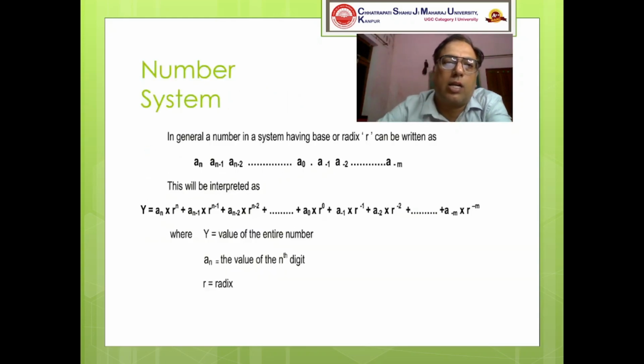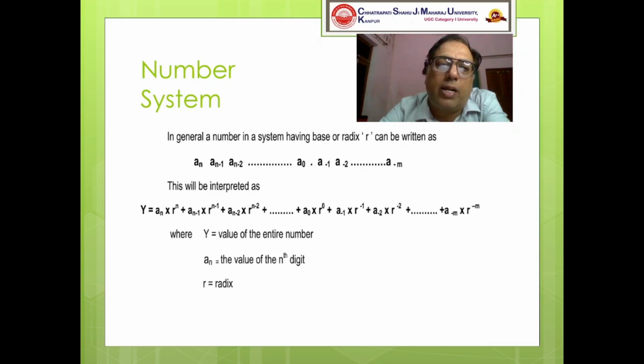Okay, now let us come to the number system. In general, a number in a system having a base or radix r can be written as a_n, a_(n-1), a_(n-2), up till a_0, then there is a radix point, and a_(-1), a_(-2), till a_(-m).